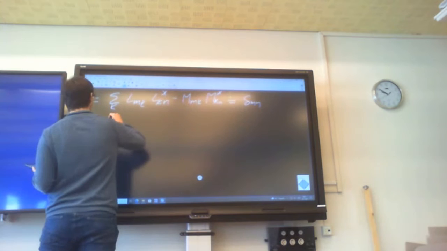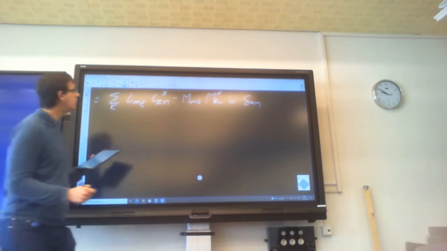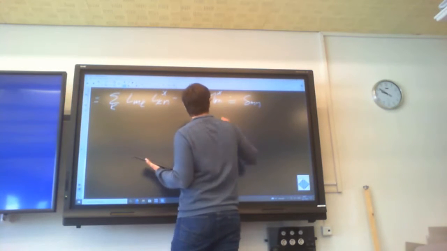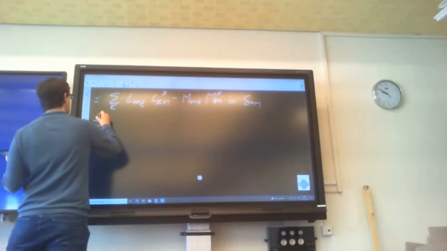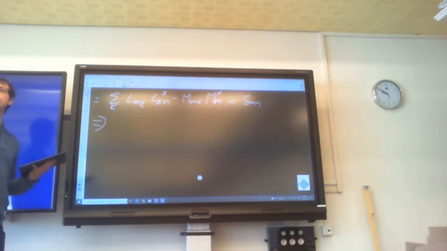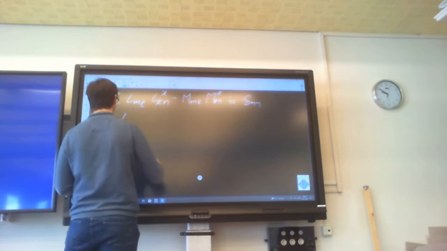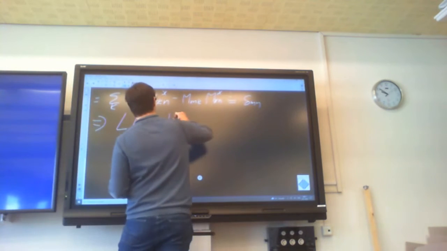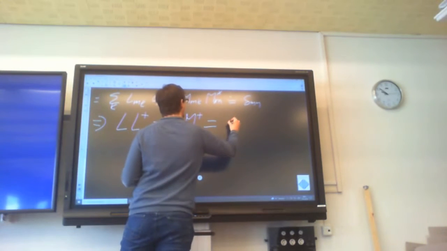Sorry, there was an n in one of the M's in the last term. Oh, yes. And this we can also write as a matrix equation, where we have matrix L times L dagger minus matrix M times M dagger, which needs to be the identity matrix.